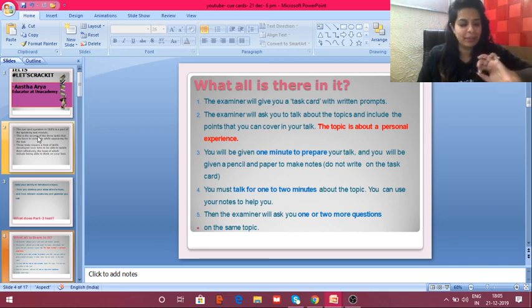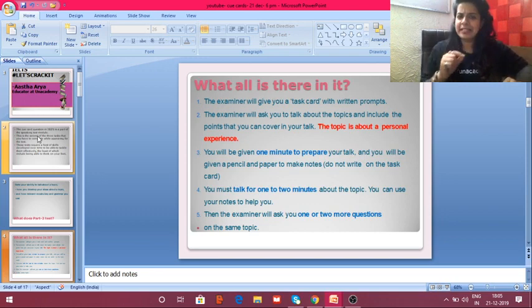So you can scribble. One tip: do not, yes, do not write on the task card. You will have some paper with you, so you can use that to write. And when you are making notes, please do not write long, lengthy sentences because you will exhaust your time on this.